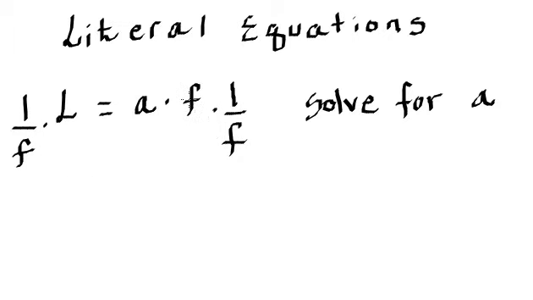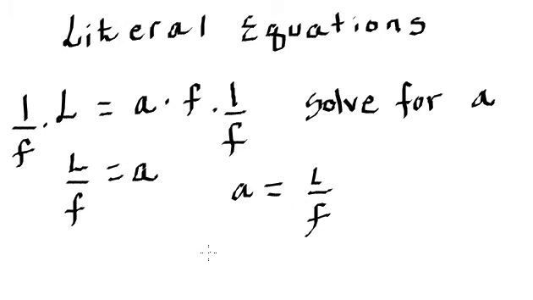So remember, if F were the number 5 and you multiplied it by 1 over 5, you would just get 1. So we end up with A is equal to L over F, putting A on the left hand side.